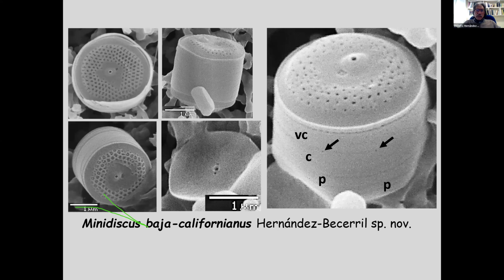Some more details of this Minidiscus are given here with some views of the valvocopula, copula, and pleura, including the small poroids there with the arrows. And no rimoportula, only fultoportula in the central area, as you can see in the figure down there.